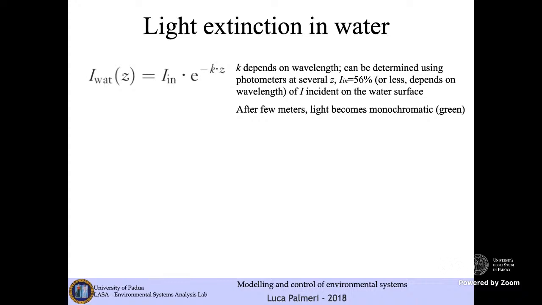K depends, of course, on the wavelength and can be determined using photometers, for example, at several depths. In particular, we start by assuming that 56% of the radiation arrives onto the surface of the water body. So this E in is the 56% of radiation arriving into a water body, the starting point, and then we have a reduction that depends on the depth of the water body.